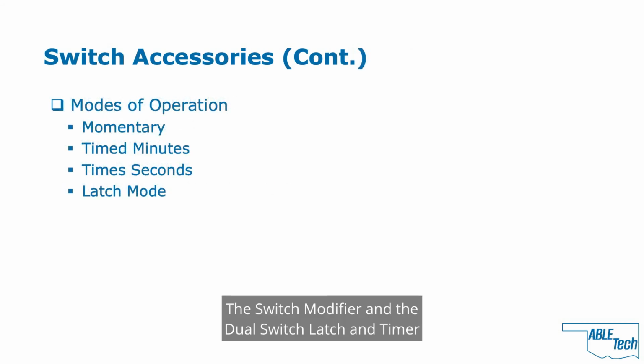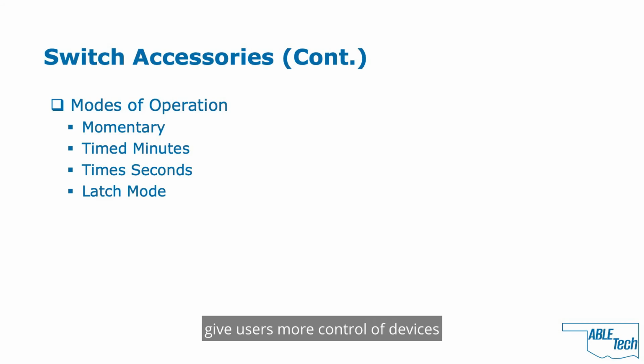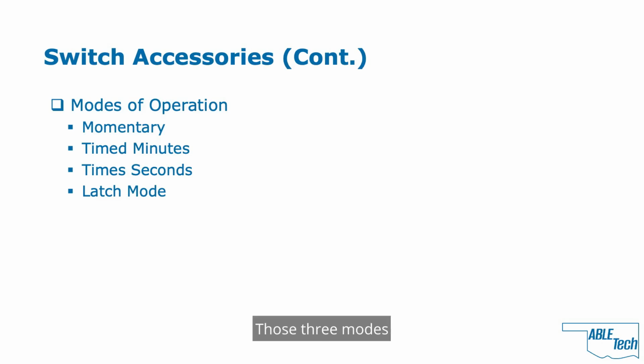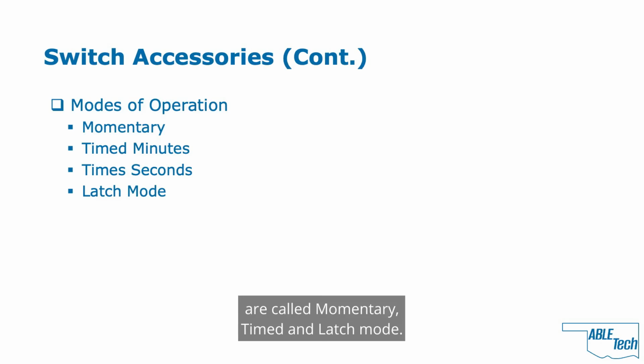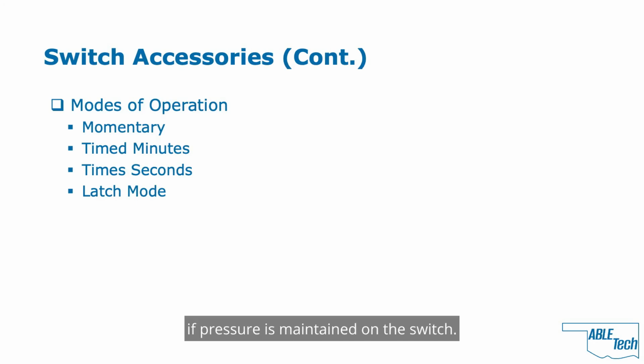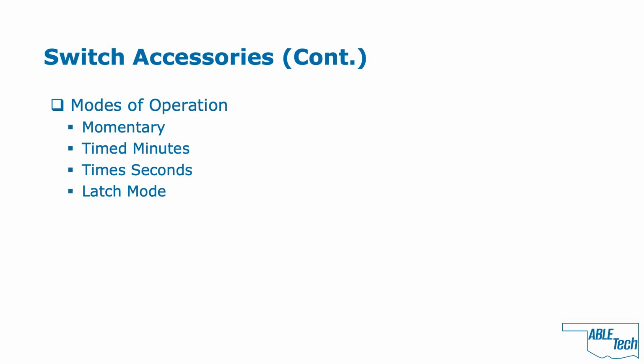The switch modifier and the dual switch latch and timer give users more control of devices by providing 3 different operational modes of control. Those 3 modes are called momentary, timed, and latch mode. The momentary mode allows a toy or appliance to activate if pressure is maintained on the switch.